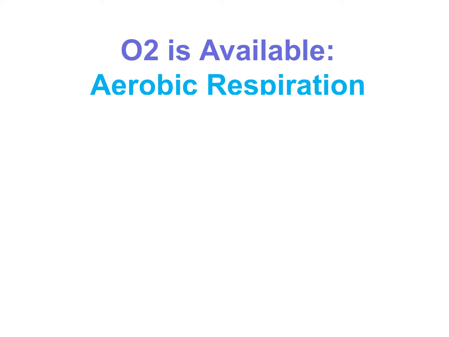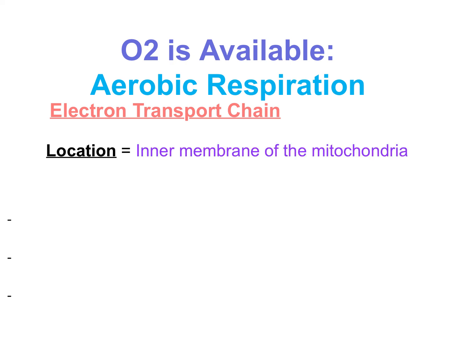So after the citric acid cycle, we're then going to go to the electron transport chain. So this is going to work just like it did in photosynthesis, but now we're inside the mitochondria. So the location now is the inner membrane of the mitochondria, and that's the little squiggly folded membrane inside.